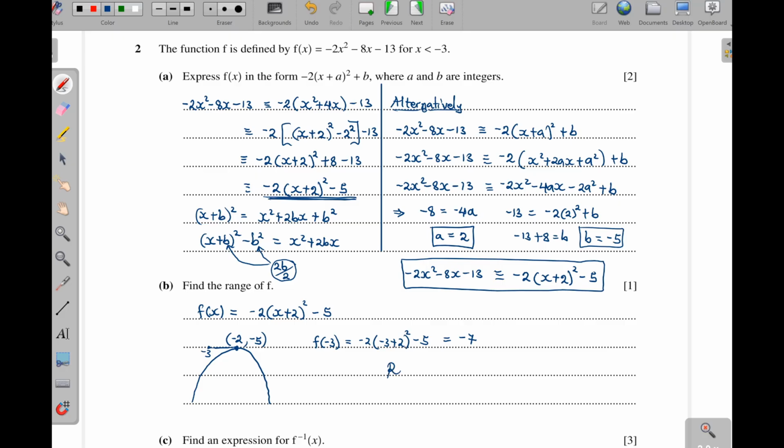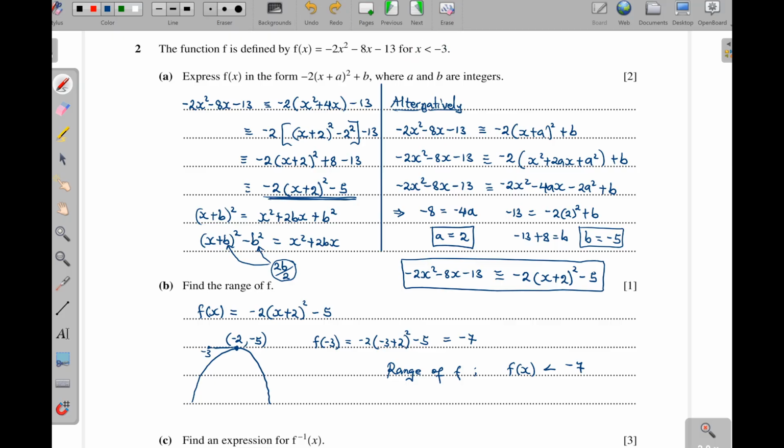So meaning the range of f is going to be f of x. Remember, range is given in terms of the function, and then the domain is given in terms of the independent variable. For this case, it is x. So this one is going to be less than -7. I'm not going to put or equal because this x, they said it is less than -3.